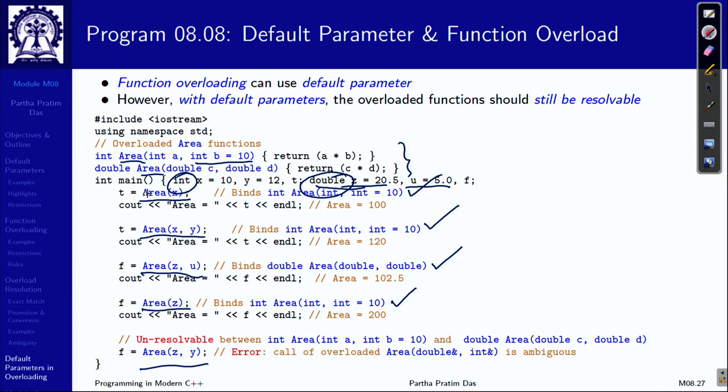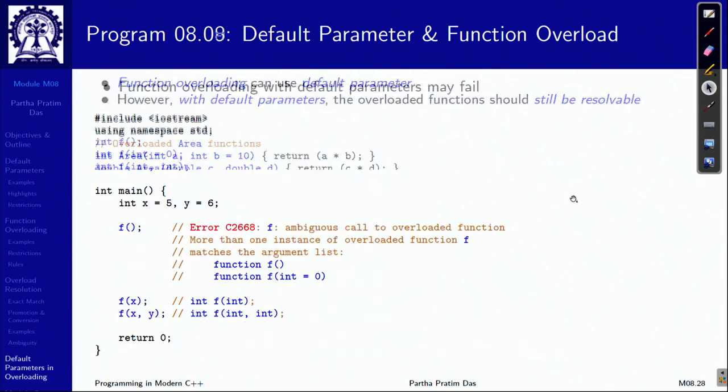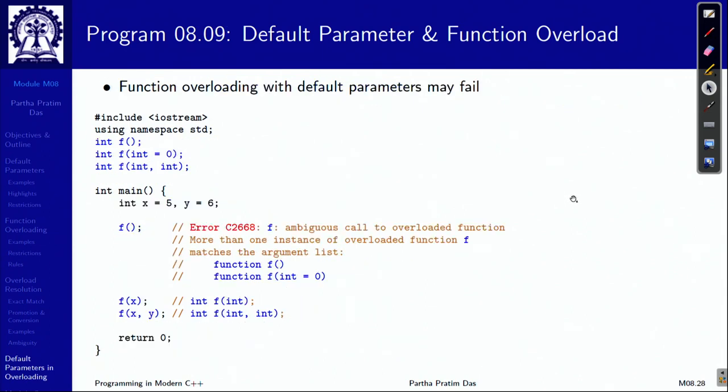If you take the second, the first parameter is an exact match, the second parameter needs a conversion. So, the weightage of these two is the same to the compiler. So, the compiler will again get confused and say that I cannot resolve, and we cannot have this area Z y, this invocation is unresolvable as an overloaded function.